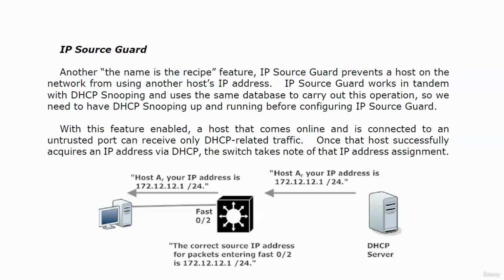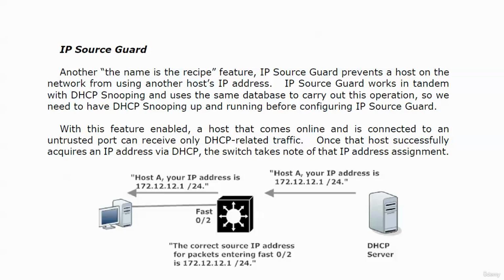Now with this feature enabled, what happens? A host comes online, starts the process of getting an IP address via DHCP. Once the host successfully acquires an IP address via DHCP, that host, which is connected to what we call an untrusted port, the switch takes note of this address assignment. And here, from the server, the address is coming in, your IP address is 172.12.12.1.